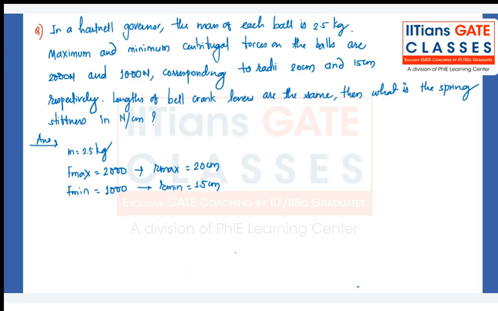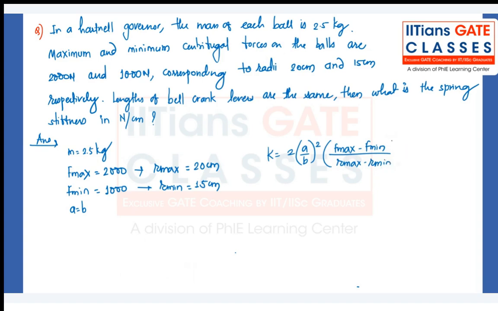They have also given A is equal to B. Lengths of the bell crank levers are the same, so A is equal to B. So K is equal to 2 times (A by B) whole squared, times (F max minus F minimum) divided by (R max minus R minimum).